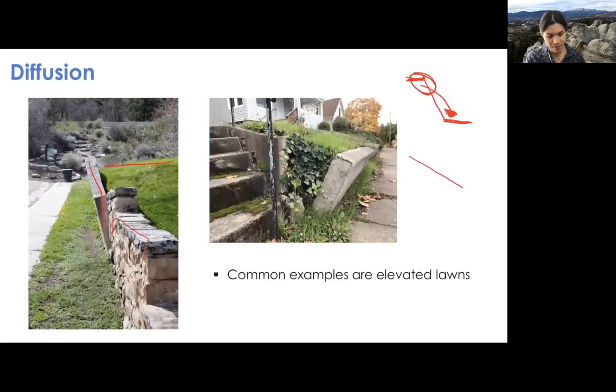You go from one slope suddenly to 90 degrees to a fairly horizontal slope. And so by the process of diffusion, the soil is trying to even this out. And if these retaining walls aren't built correctly, they will start to tilt as a result of that hill slope diffusion, right? So it's one way we can see this in action.